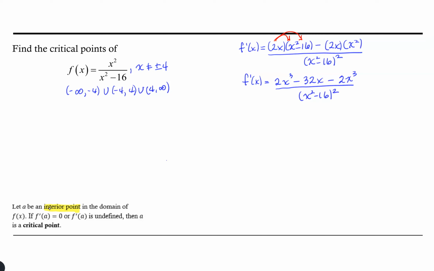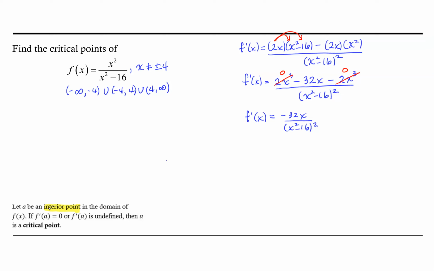Now we can see that this positive 2x cubed in the numerator minus this 2x cubed, those two are going to combine to equal 0. And so our derivative here, f prime of x, is equal to negative 32x over the quantity x squared minus 16 squared.